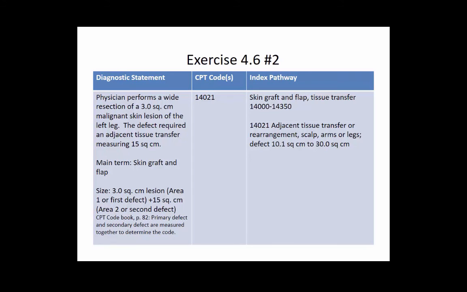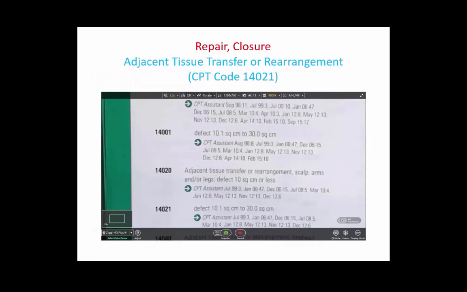The code book on page 82 talks about the primary and the secondary defect, and you see how they're measured together to determine the code. And the correct answer is 14021. Defect 10.1 square centimeters to 30 square centimeters. And here you see that group of codes.